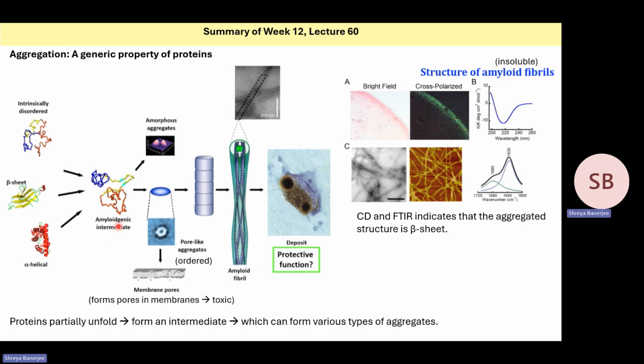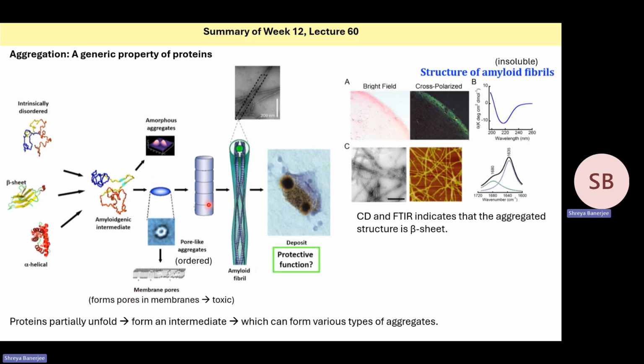And this intermediate can form many kinds of aggregates. You can have amorphous aggregates, which are powder-like, or you can have pore-like aggregates. If these pore-like aggregates come onto a membrane, they will cause the membrane to have pores. This is toxic for the membrane because they will kill it off.